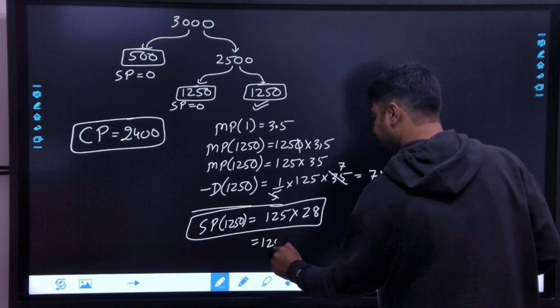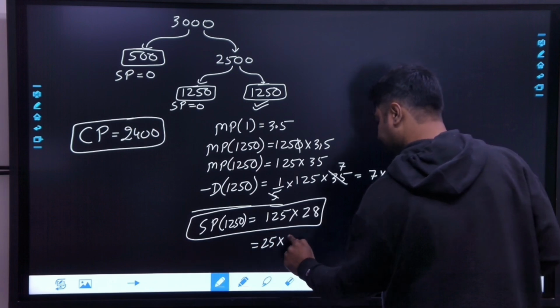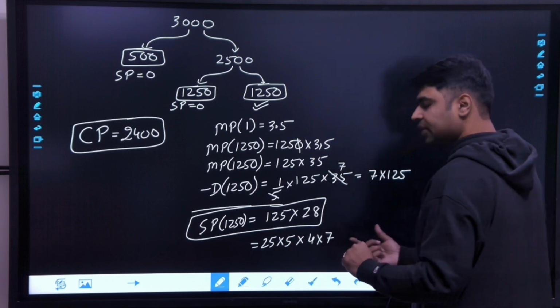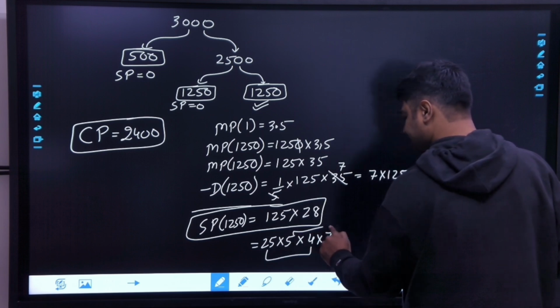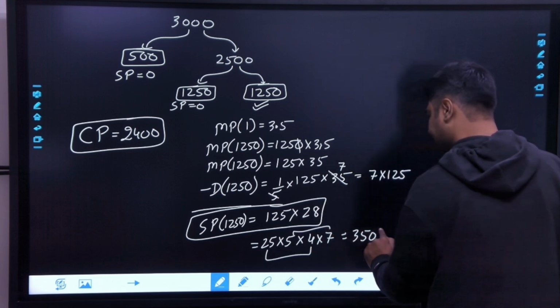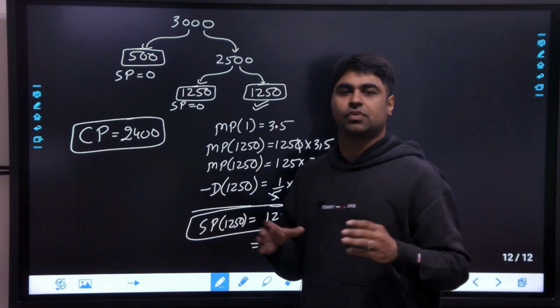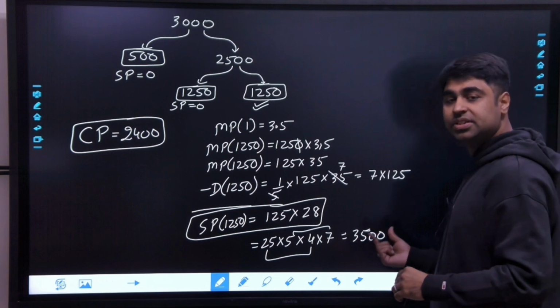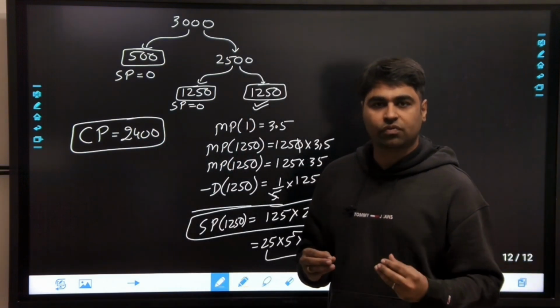So 125 into 28, or I can say 25 into 5 is 125, and 4 into 7 is 28. So 25 4s are 100, 5 7s are 35. So 3500 rupees is the money that came after the whole transaction was done, which is called the selling price. 2400 rupees was the overall cost involved in making those items.